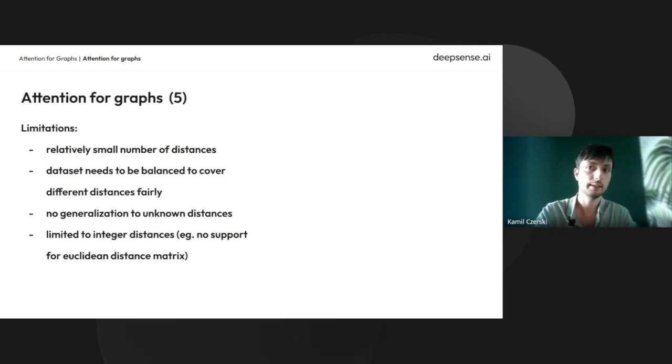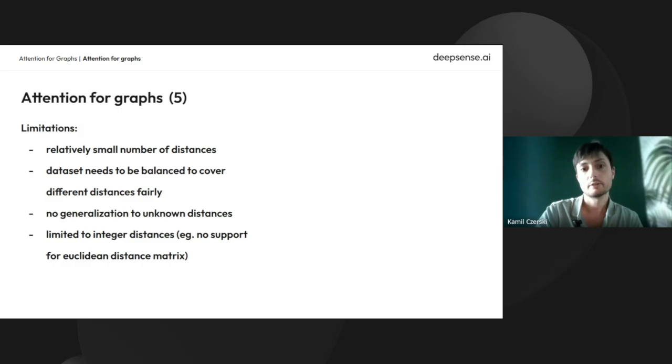Or if you have little data, it will train something, but it will be weak, and it will not work well for these distances, whereas it can work well for other distances. With this limitation comes the next one, which is almost the same: there is no generalization to unknown distances. I'm not speaking about distances way larger than the training dataset. No, just if you have distances 200 and 202, but you don't have distance 201 in your training dataset, it will not generalize to it.